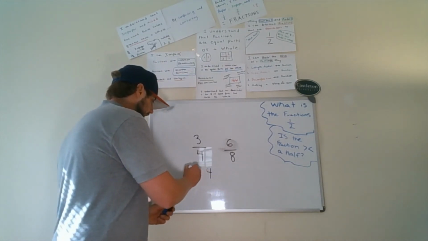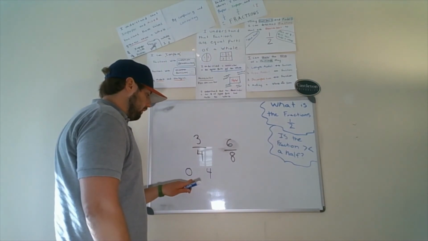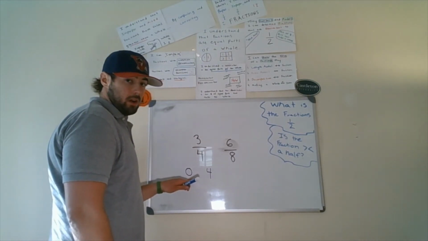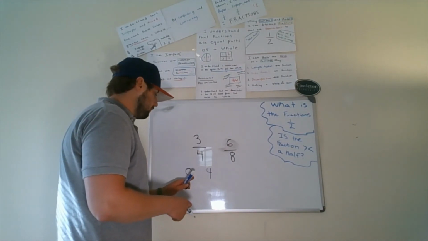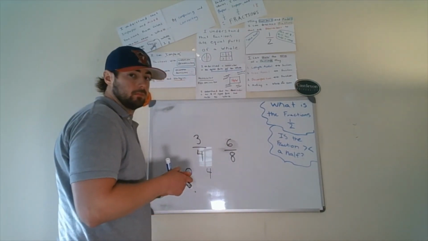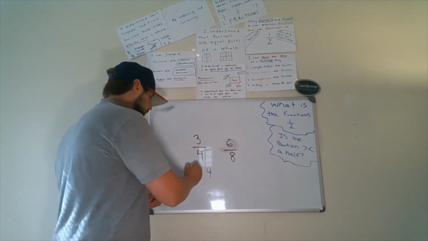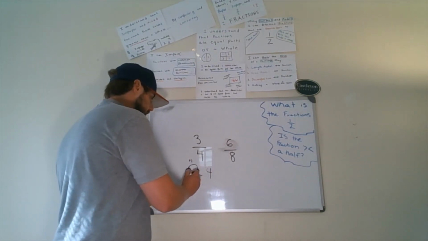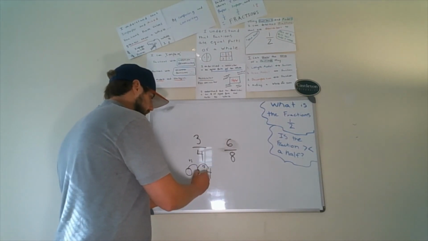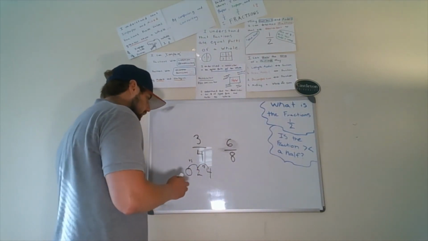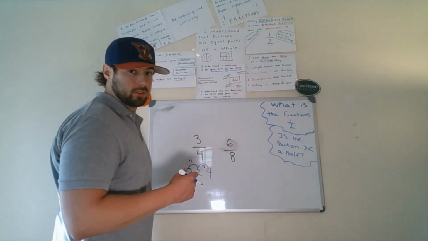If I want to find half, I need to find the middle between 0 and 4. What is the middle between 0 and 4? That would be 2. There are 2 parts between 0 and 2, and there are 2 parts between 2 and 4. So what is half of 4ths, guys?